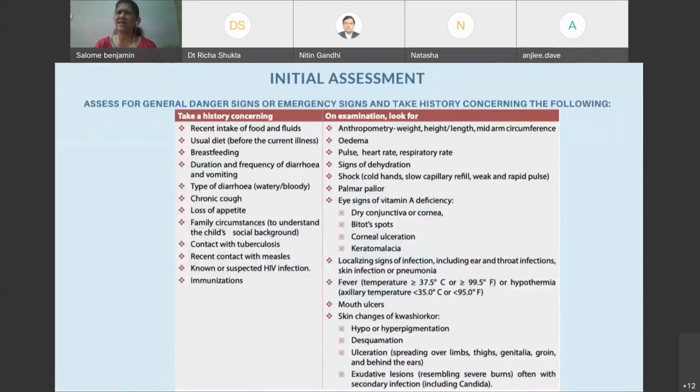So there is in-depth, comprehensive assessment for SAM children, and simultaneously you have to take a history. So when you take the history and clinical examination, then you will have the complete diagnosis or identification of the SAM. I'm not going to go into the detail.